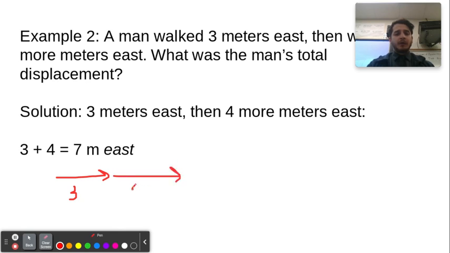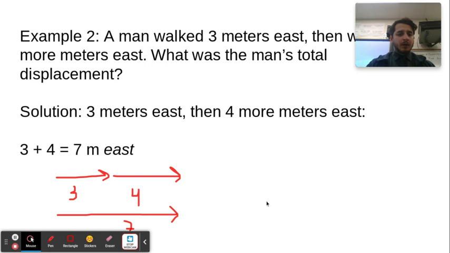If you had a ruler, you could literally say, this is not drawn to scale, but he went the whole 7 meters east, and see how there's a direction.